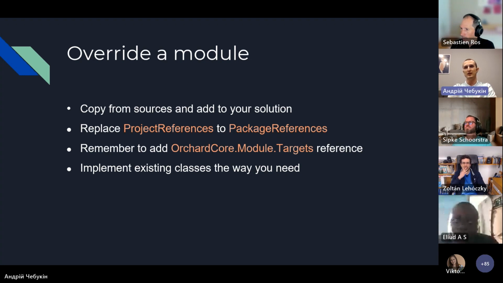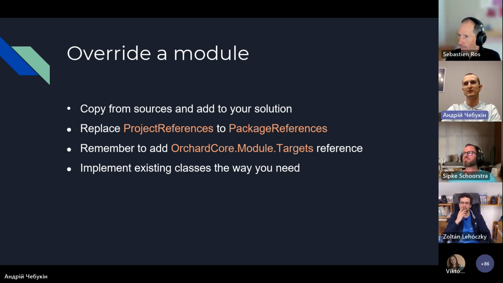And I removed classes that I don't need, re-implemented the logic from storing to blob to storing into a table, and used that module instead. As it is located in your solution, it will just replace the previous module if the name is the same, because your local projects have more priority than NuGet packages.